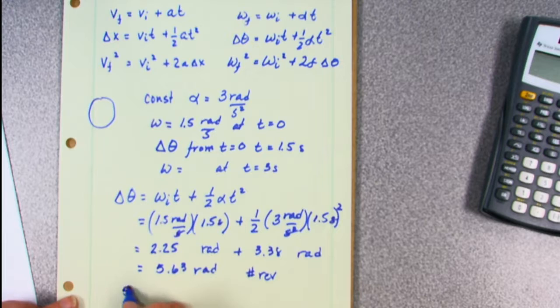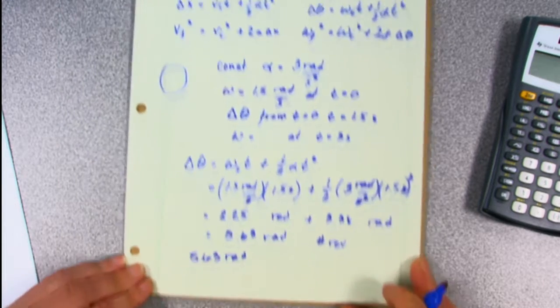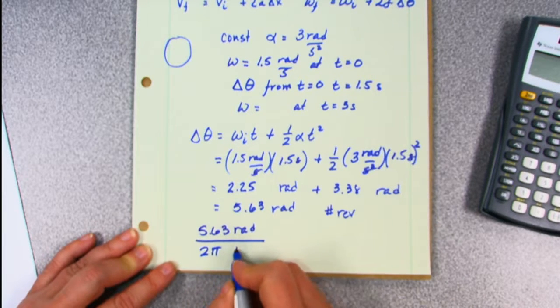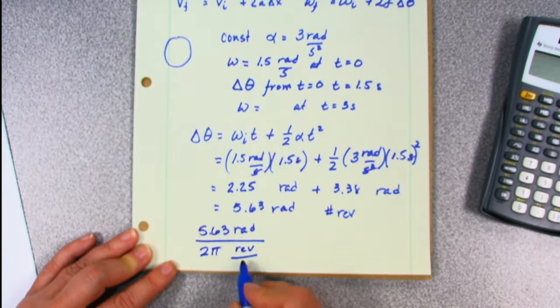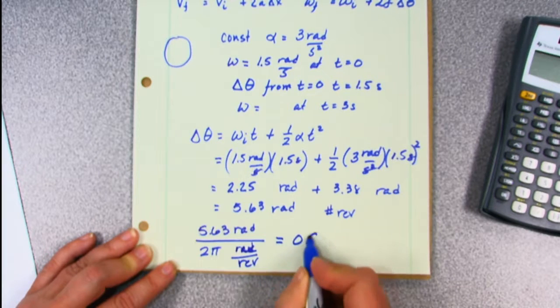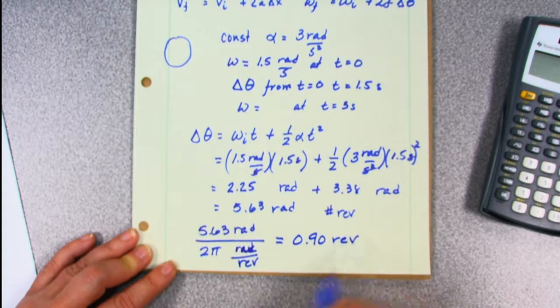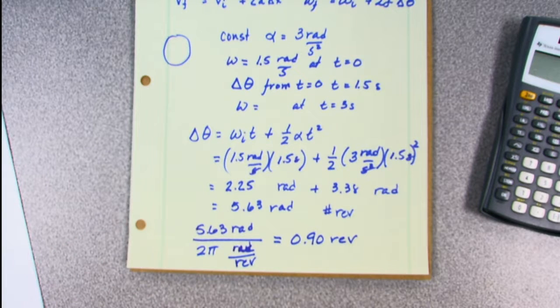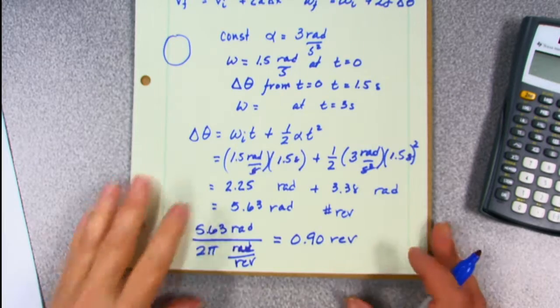Well, if I take 5.63 radians divided by 2 pi radians per revolution, that gives me 0.90 revolutions. So it didn't quite go all the way around at that particular angular acceleration. Didn't quite go all the way around.